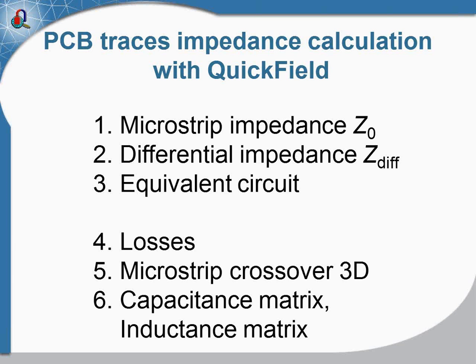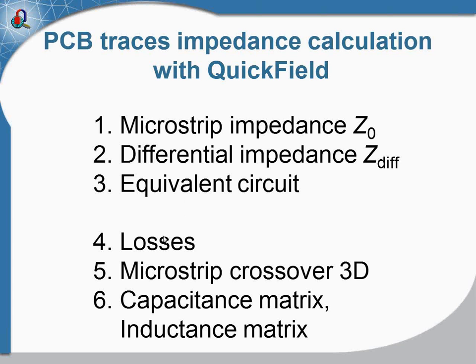Then we will calculate the parameters of the equivalent circuit to simulate transient pulse propagation. And we will run the transient simulation and take a look at how the pulse propagates through the transmission line.